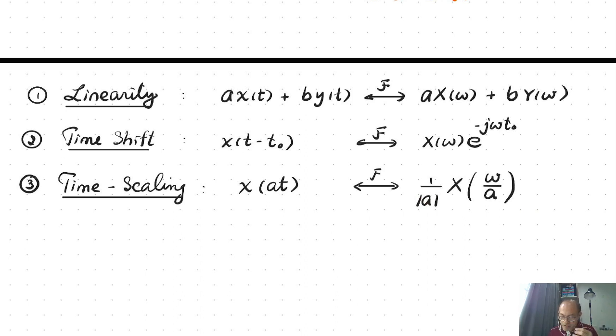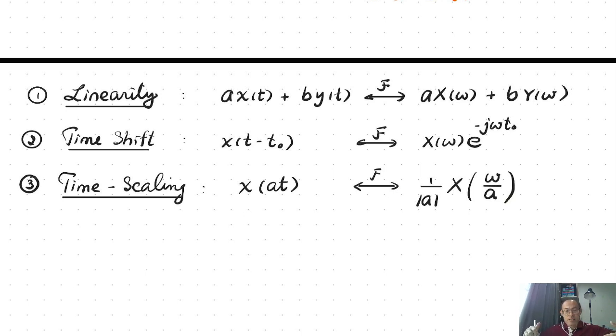On the other hand, if you shrink the signal x in the time domain, then in the frequency domain it will be expanded. So expanding one domain will mean shrinking in the other domain.